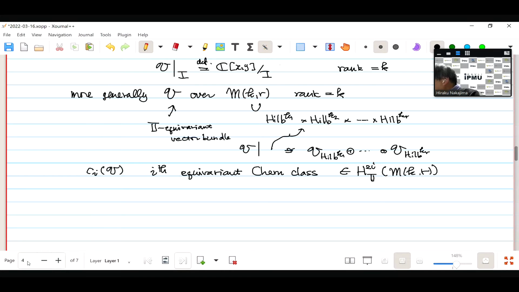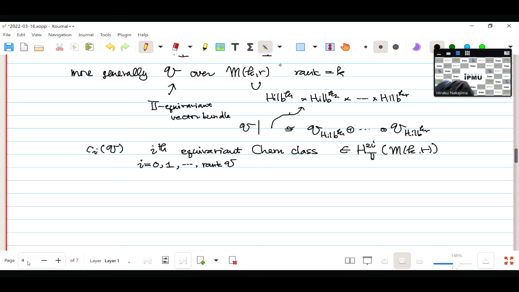equivariant cohomology. And its i-th Chern class, for i standing for 0, 1, and so on. c_0 is 1, but normally people introduce that, and it goes up to the rank. So this is some element.